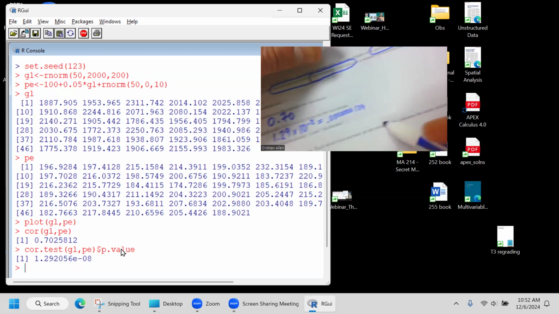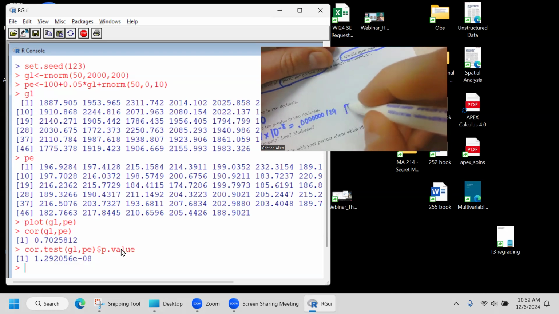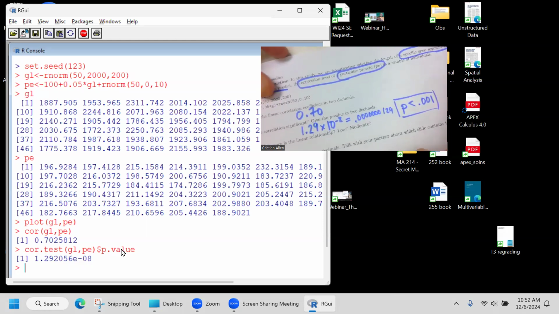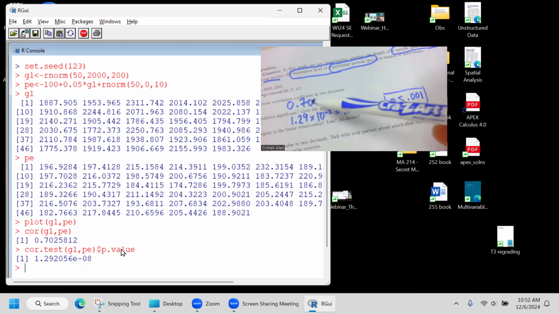So actually, the p-value is less than 0.001, which means that this linear correlation coefficient, 0.70, is very significant. Yes, we have strong evidence that these two variables are linearly correlated.